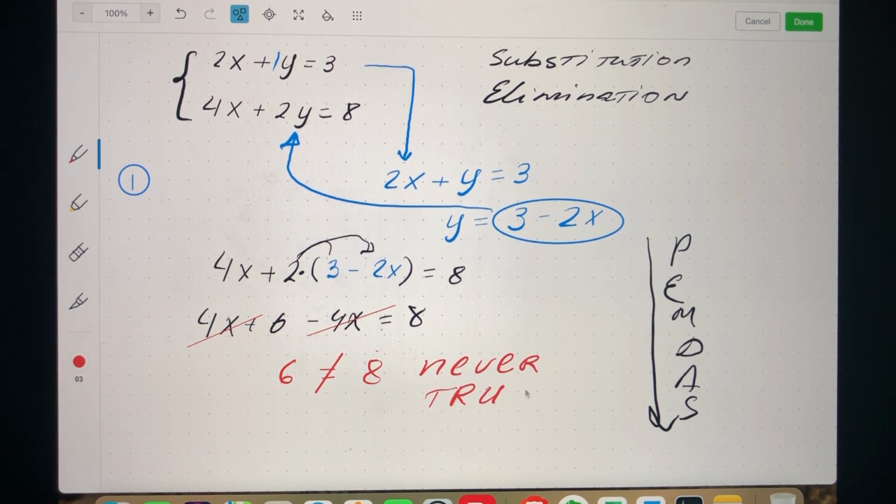Now, when that happens, we know that there is no solution. So our system has no solution. We can write it as no solution, or we can put a 0 with a line through it, which means does not exist or there is nothing. And that happens when the two lines are parallel.